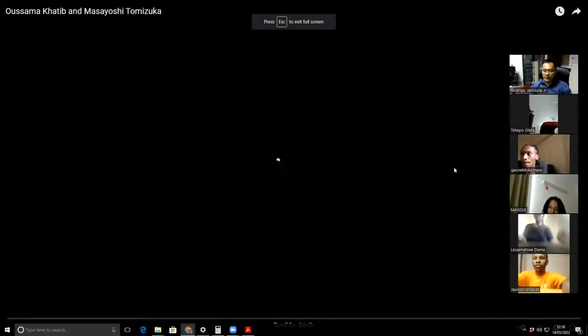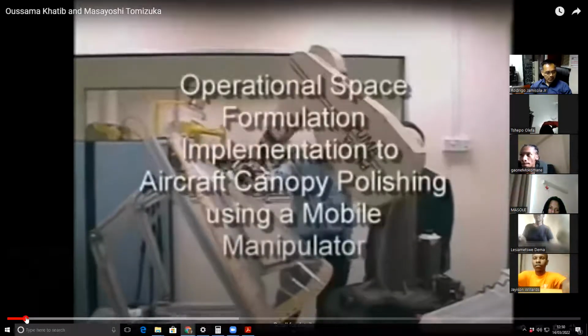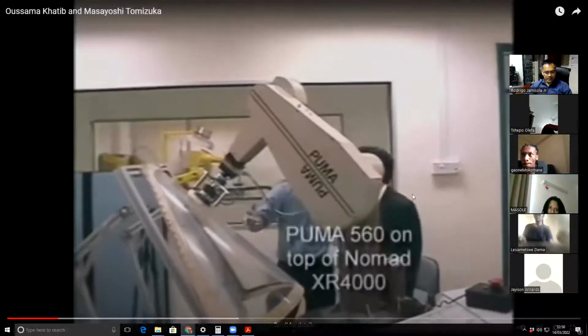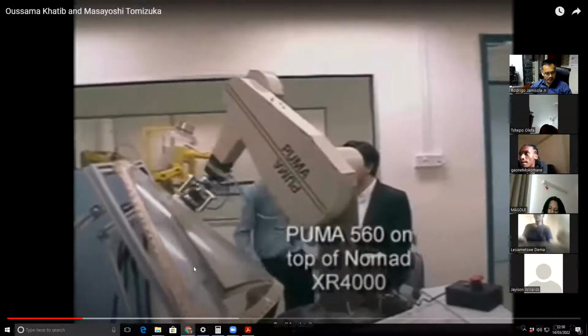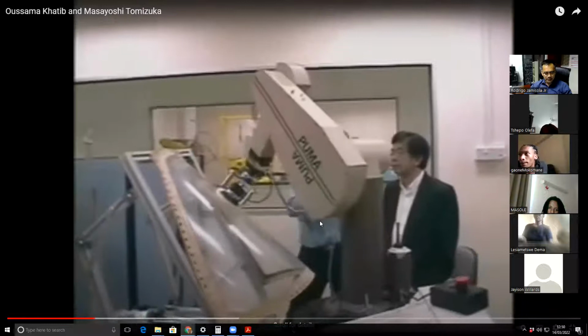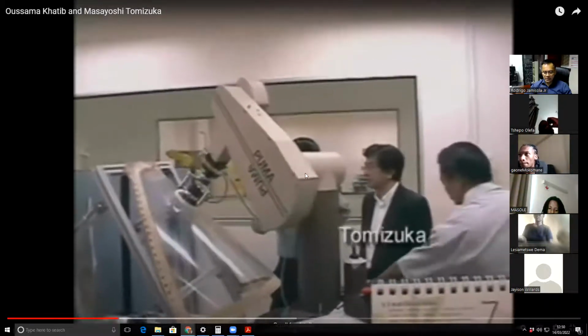This is when you did something very good and people from all over the world come. Khatib is my mentor. This is Tomizuka. This is the Puma robot, this is the base, and this is the canopy. This is Dr. Lim Siew-Yong, who was also in charge of the project.